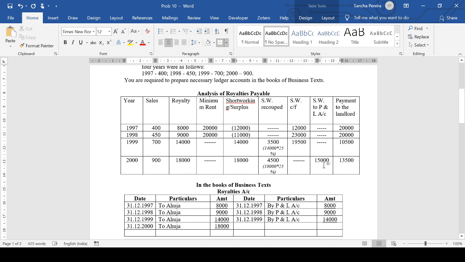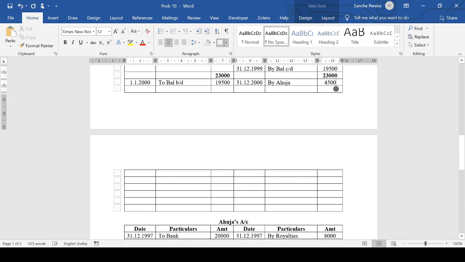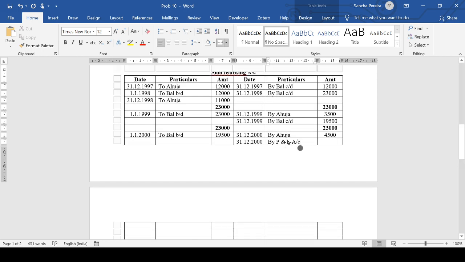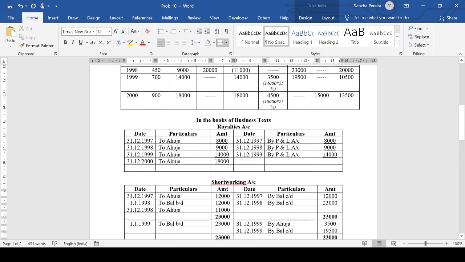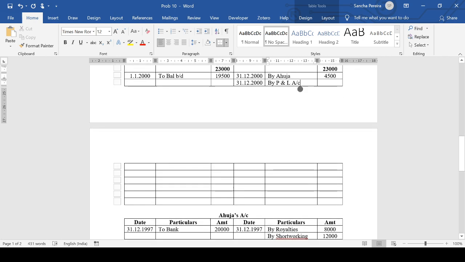So we need to show that effect as well. 15,000 is transferred to the P&L account, which is a complete loss to the lessee, which he couldn't recover. Since it's a loss, it's going to come on the debit side, so it will be P&L account debit to short working. So in short working, it's going to be by P&L account. Now why we didn't have this by P&L account in the previous year, because there was nothing transferred to P&L account. So 15,000.